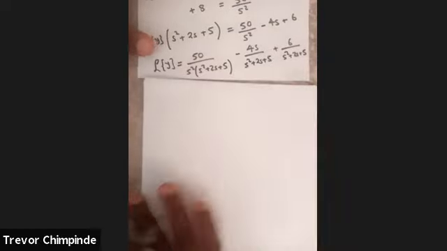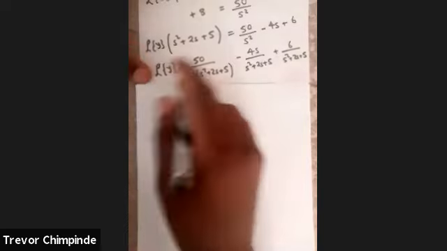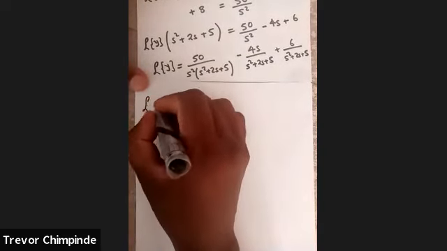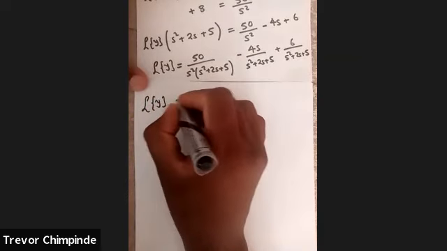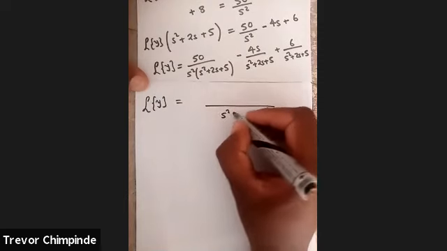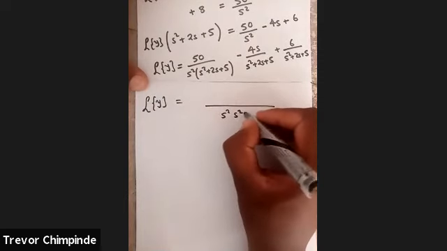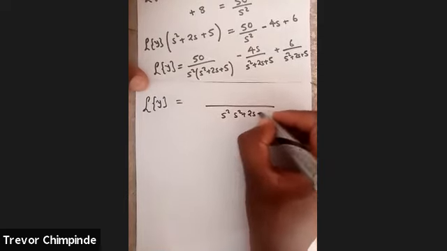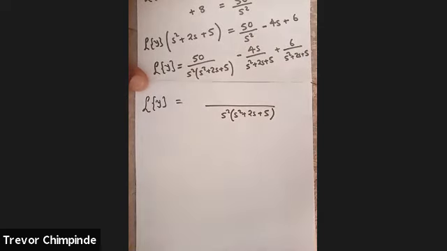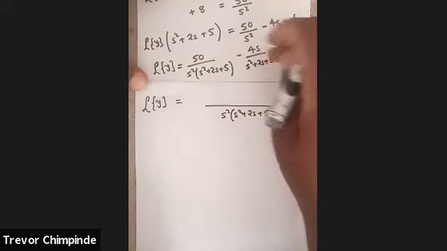And what we can do is we can write this under one single denominator. I think that will lessen our work. So I can say Laplace of y is equal to, the common denominator is s squared then s squared plus 2s plus 5, like this. Then we start with this term.